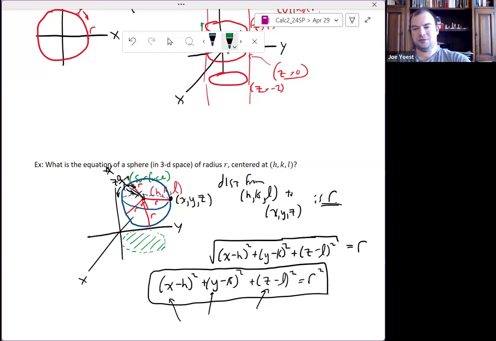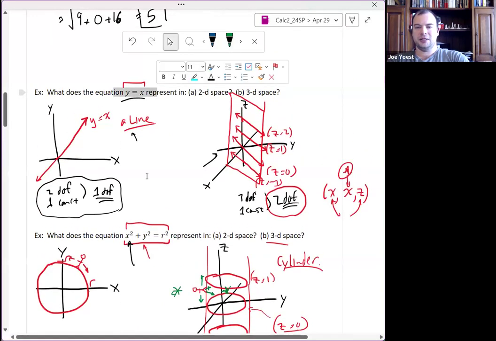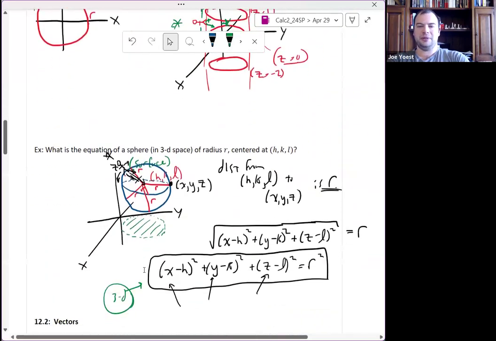But at this point, for this, we really need 3D. It's fundamentally 3D. But for something like these up here, we've got to know the context. Are we working in 2 dimensions or 3 dimensions?